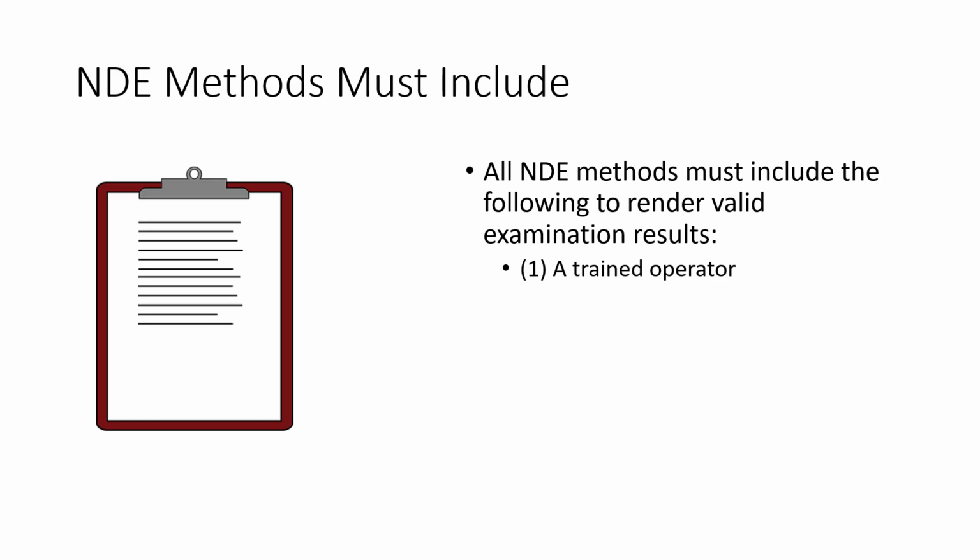Well, you're going to need a trained operator in that method who is conversant in that method and also in the possible defects that could arise from welding and materials manufacturing.